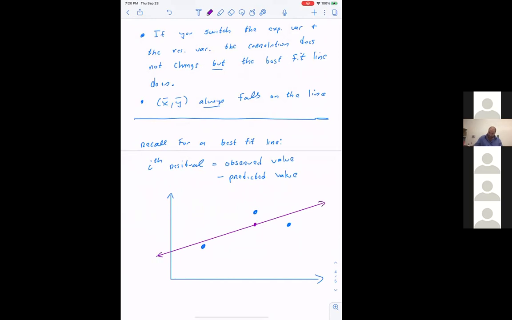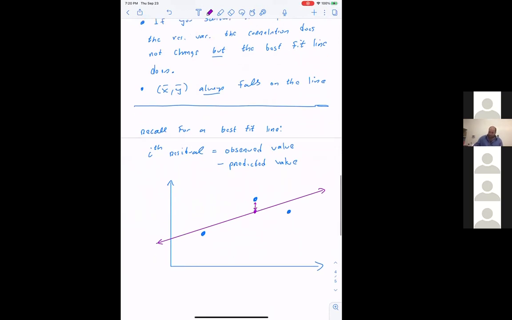If we look at this point right here, then we knew that this was the residual. This was a deviation. So this one is the actual observed value, right? That's the actual point. And this is the predicted from the best fit line.